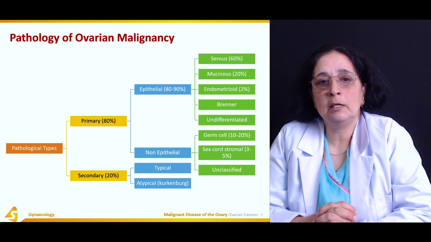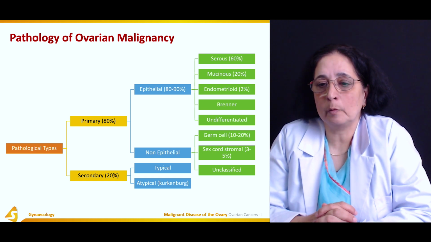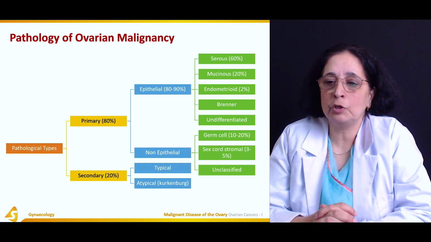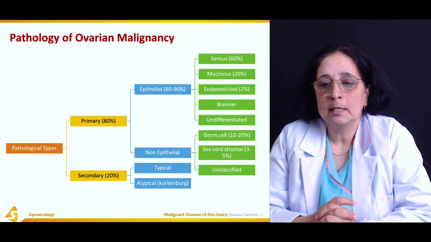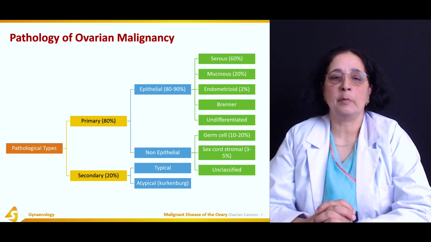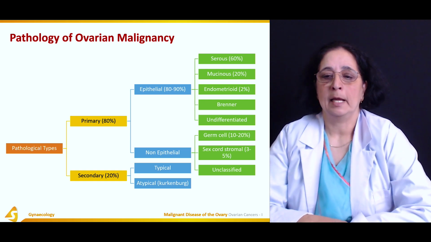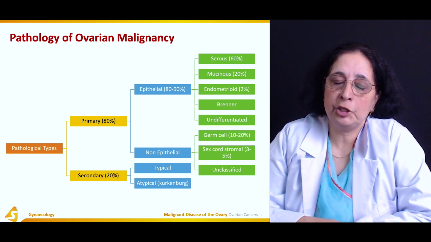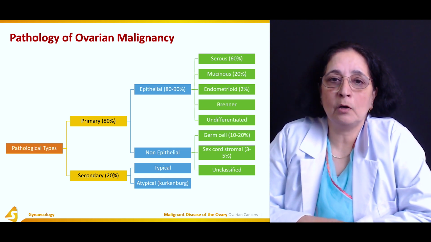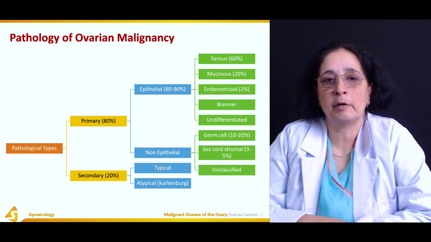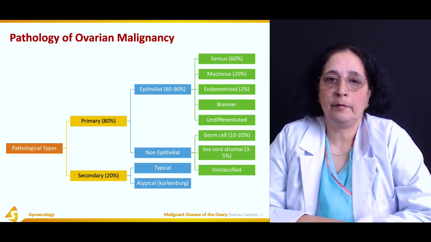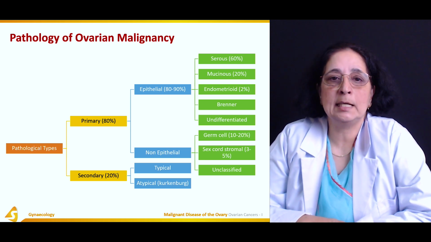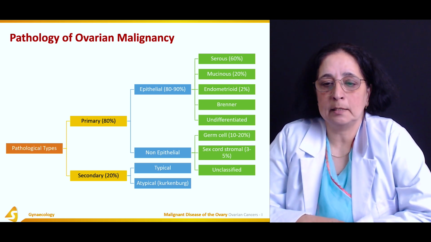The most common is germ cell tumor, about 10 to 20%. Sex cord-stromal is about 3 to 5%. And then unclassified, where cells are not fully differentiated or recognized, so it is labeled as unclassified.